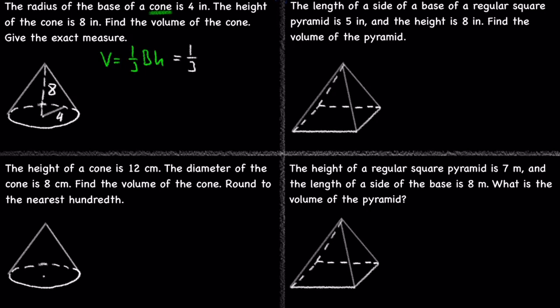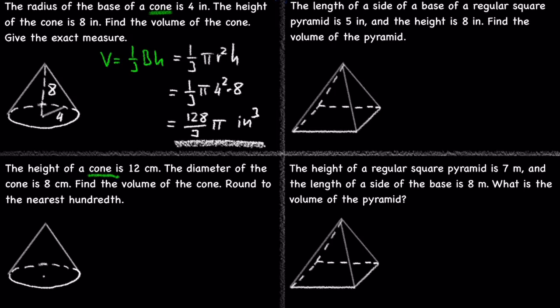The area of the base is pi r squared. The radius is 4 and the height is 8. 4 times 4 is 16. Times 8 is 128. So we get 128 over 3 times pi cubic inches.